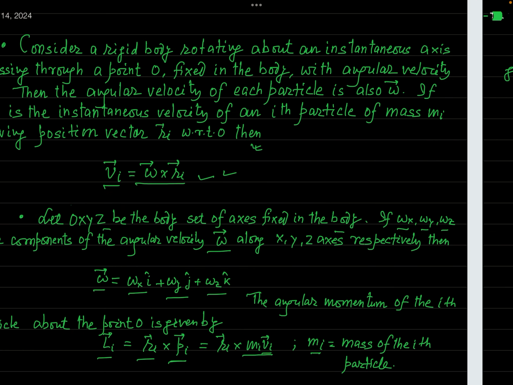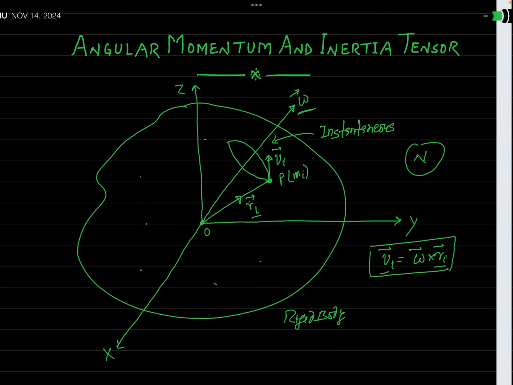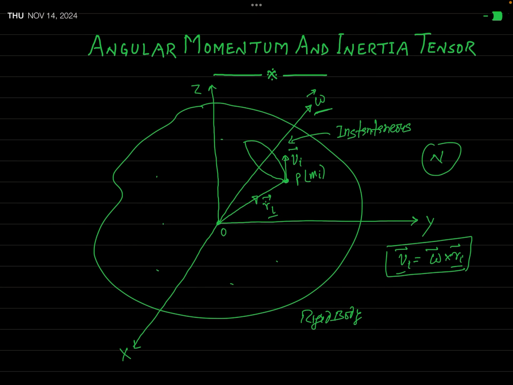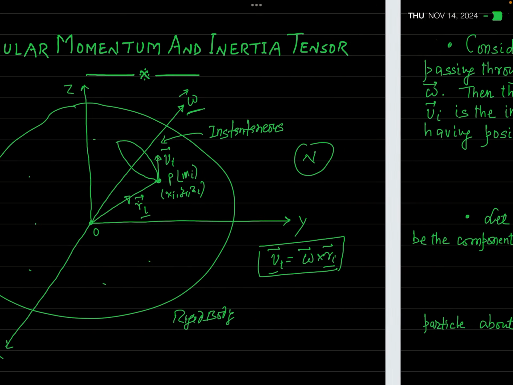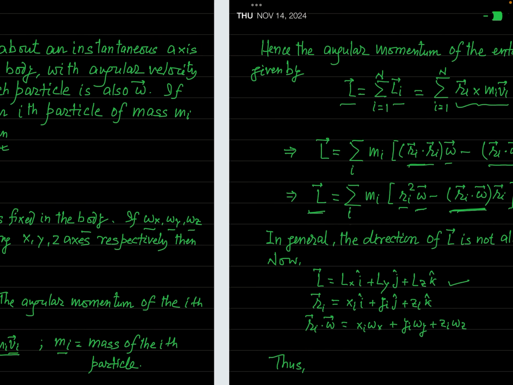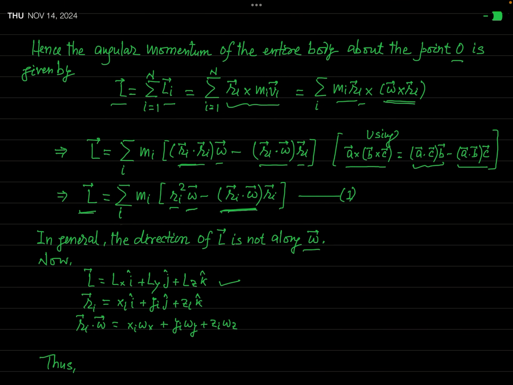And if you look at the figure, I have assumed that this point P is located at a point whose coordinates are xi, yi, zi. Then this position vector Ri can be expressed in terms of these coordinates, and you can write Ri equal to xi i plus yi j plus zi k. And you have also seen the expression for omega.